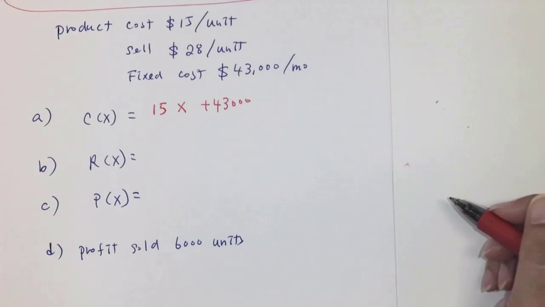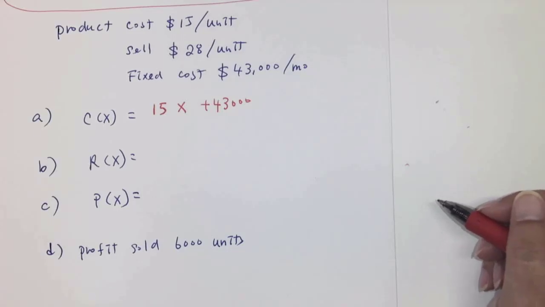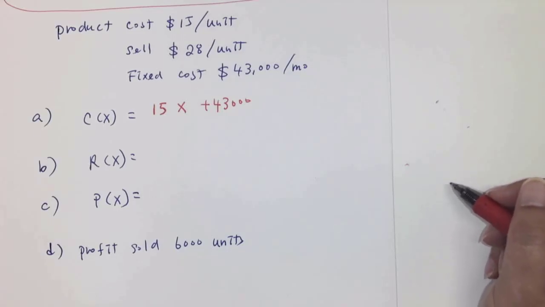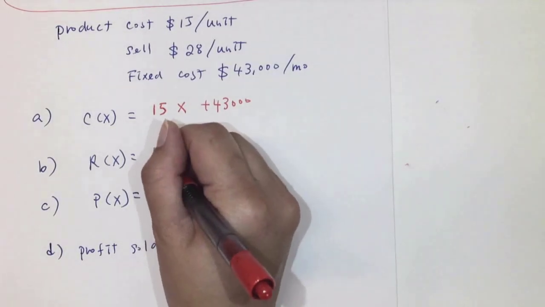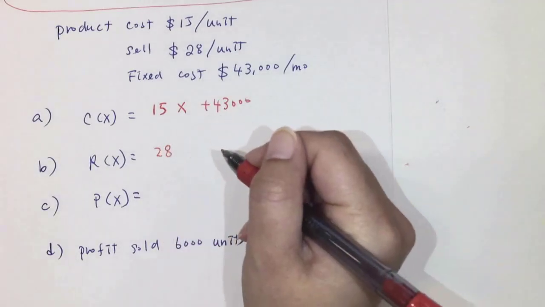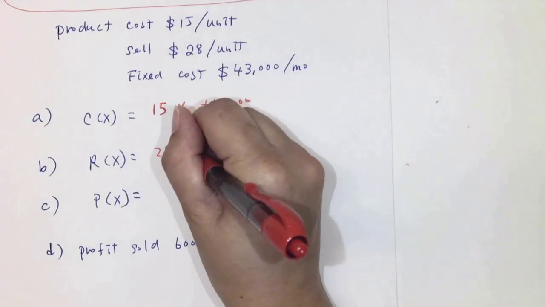Everybody okay finding cost functions? Did you know that? Because it's going to be in many, many, many exams. Okay, revenue is price times units. So what is your price? $28 per unit times the unknown how many units I sold, which is just x.